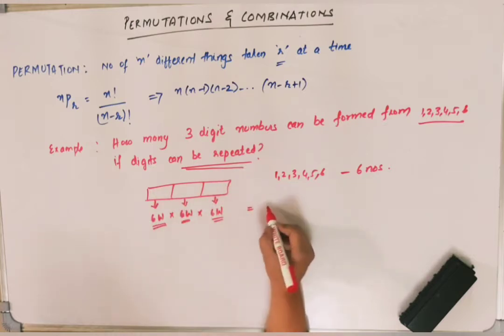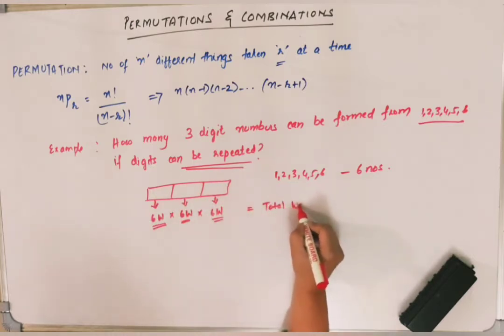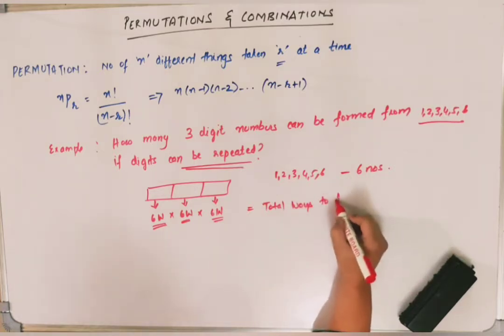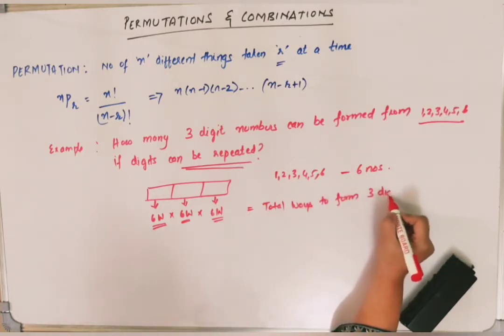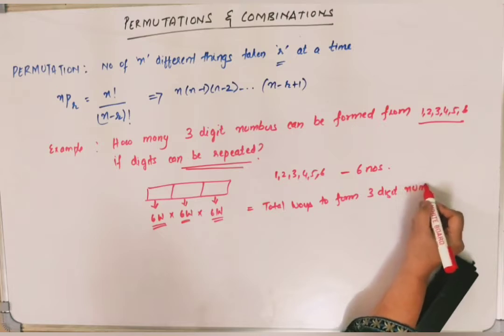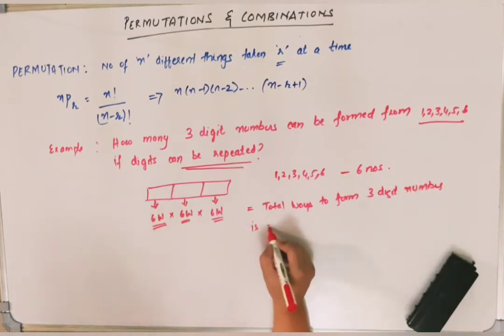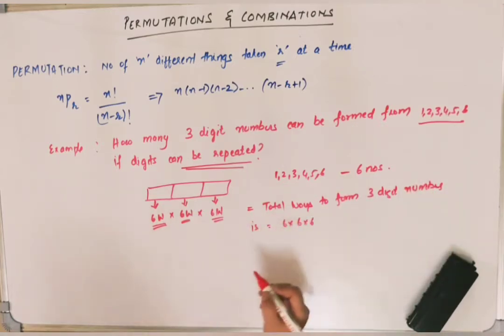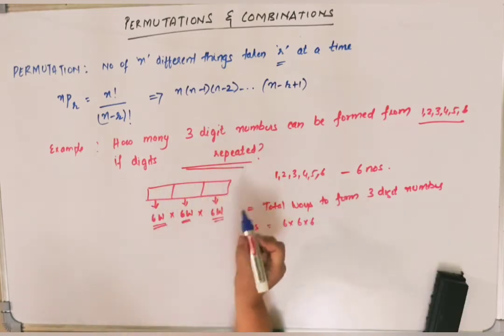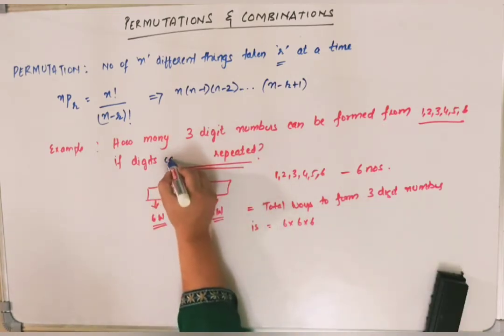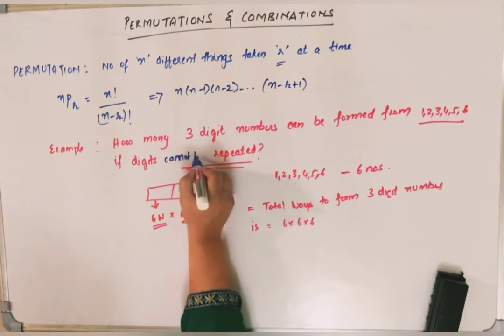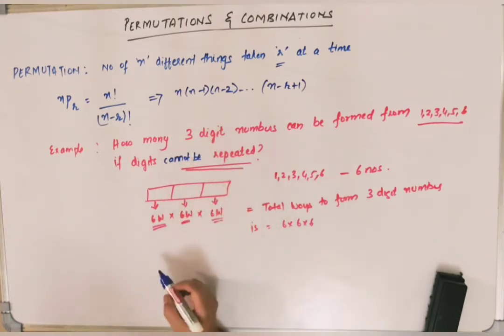So what is the total number of ways? Total ways to form a 3-digit number is 6 into 6 into 6. Now I'll alter the same example and say digits cannot be repeated. Now what will happen?